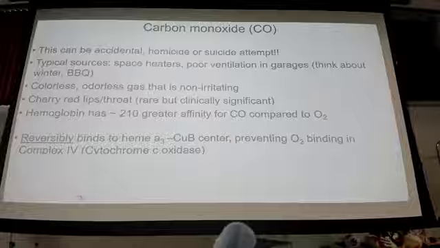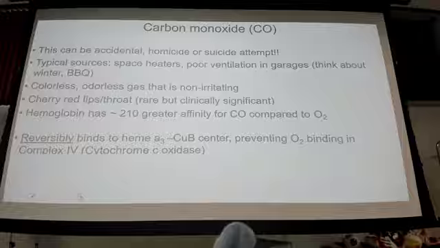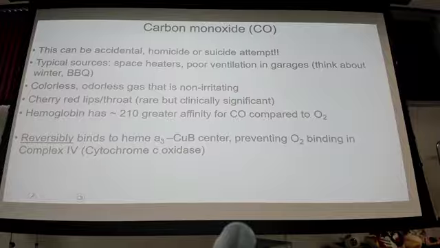And what it does is it reversibly binds to the heme a3 copper B center in complex 4 of the electron transport chain, and that prevents oxygen from binding. We know at that step, water is formed. It prevents the water from forming, so it's going to decrease ATP production, right?